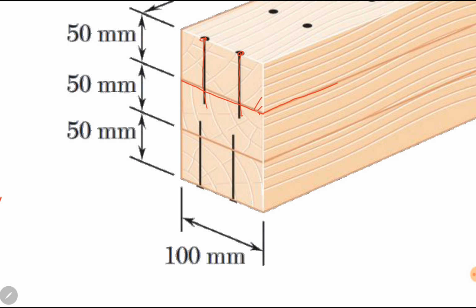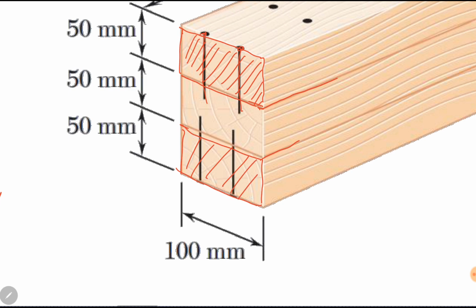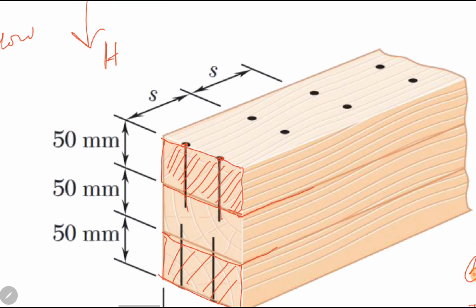So the area above this line where the horizontal shear force exists, this area, or the bottom area. Any of these two areas can be used. I will use the formula A y dash. A is the cross-sectional area, which is highlighted here, and y dash is the distance of its centroid from the centroid of the cross-section.